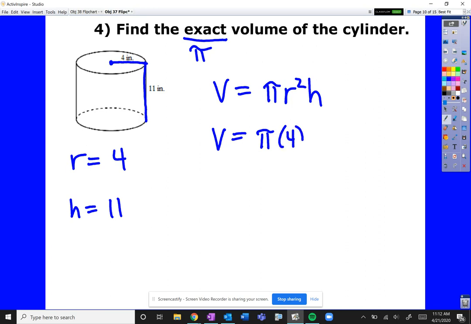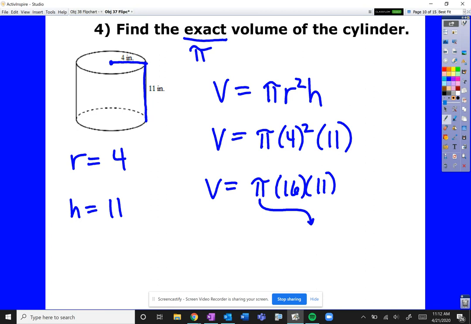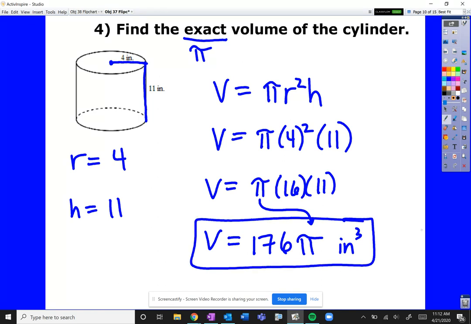Pi times our radius of 4 squared times the height of 11. 4 squared is 16 times 11. Slide the pi to the end. 16 times 11, 176 pi units cubed. Okay, pretty cool.